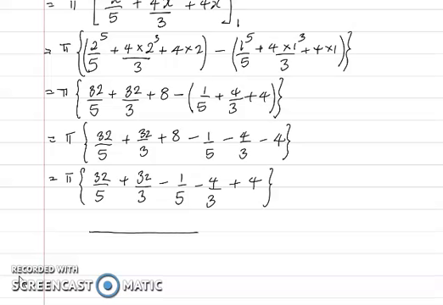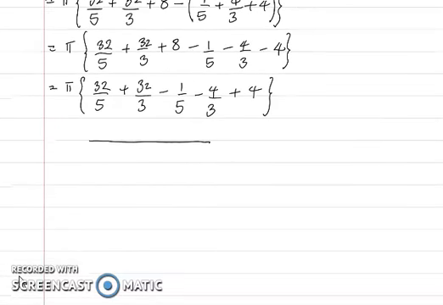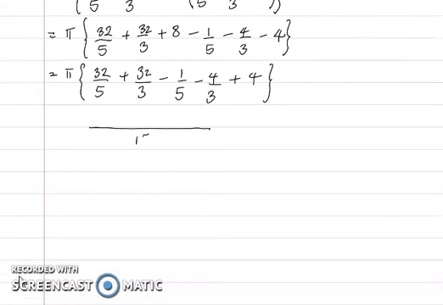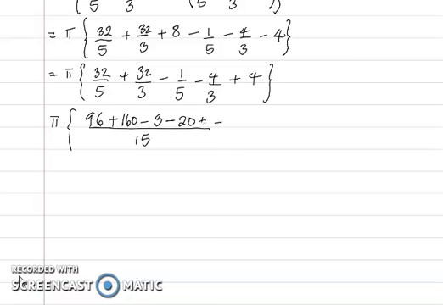Now the LCM is 15. So I have 15 here, with my pi outside. 5 into 15 is 3, 3 times 32 is 96. So this is 96 plus, 3 into 15 is 5, 5 times 32 is 160, minus 3, minus 20, plus, let's just go straight ahead, 60.